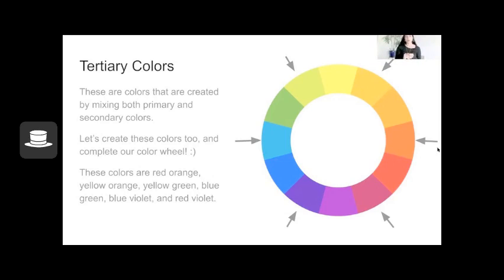So let's start with red-orange. So for this, you guessed it, you're gonna mix red and orange. Okay, so take some of your orange, just a little, you don't need a lot, and some of your red. Okay.